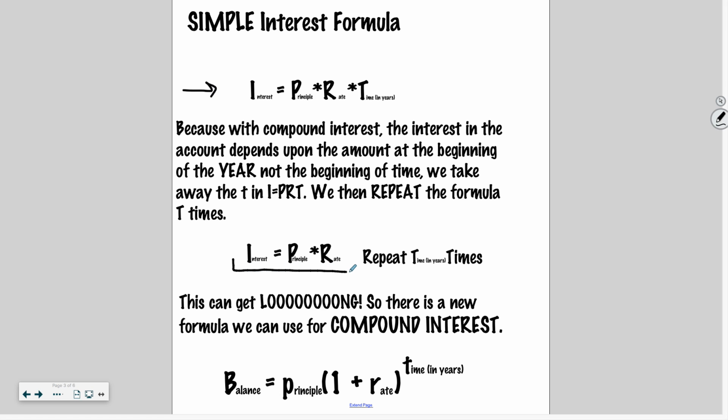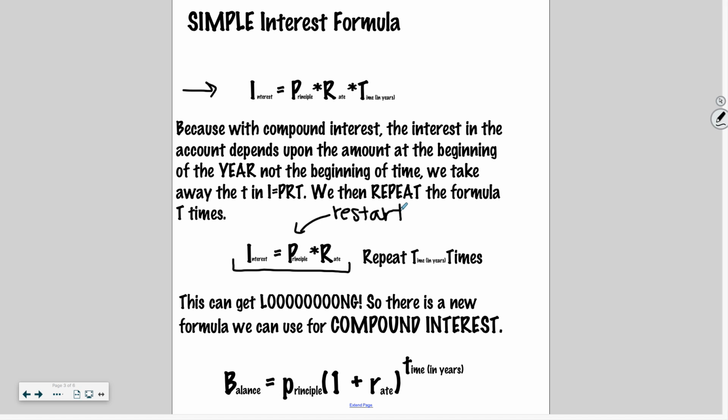So we'll use interest equals principal times rate, but we'll have to restart our principal amount. Each year it'll be a new principal amount, because you'll put in the amount that's there at the beginning of the year as your principal instead of the beginning of time.